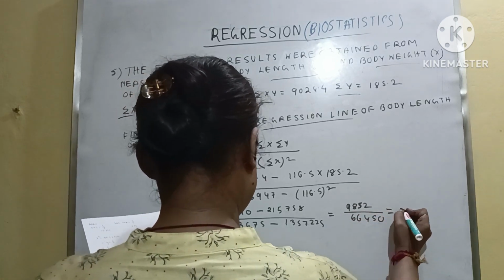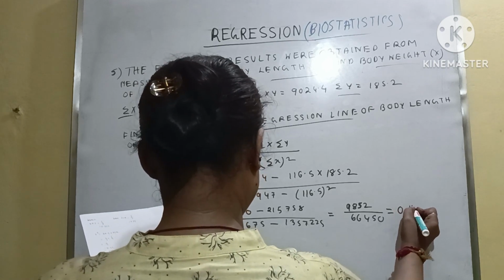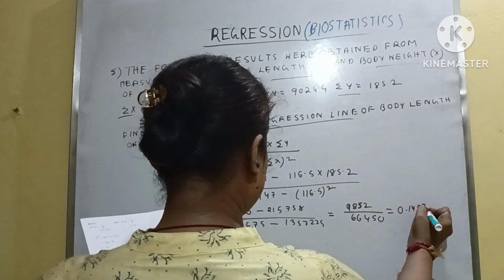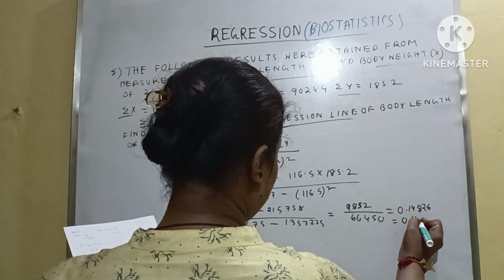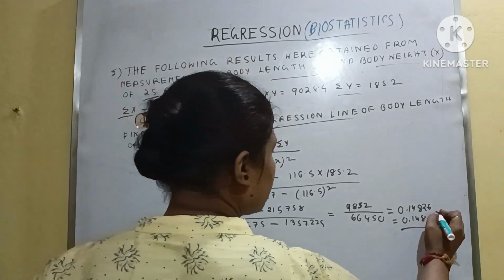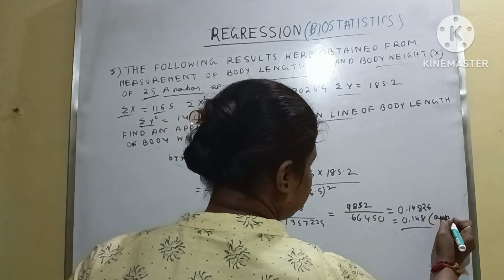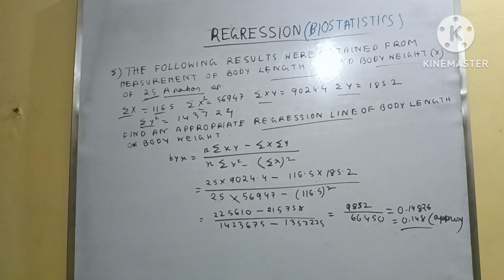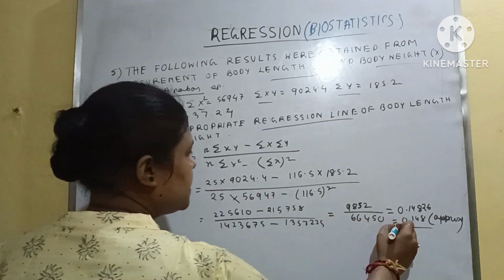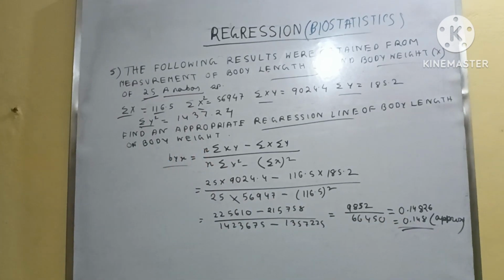So the answer is 0.14826, or you can write 0.148 approximately. So the value of byx is 0.148.